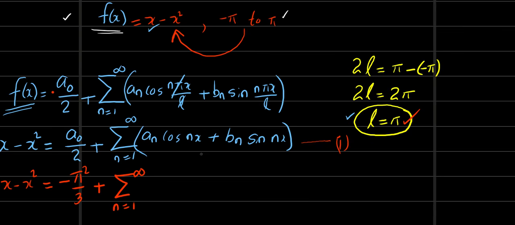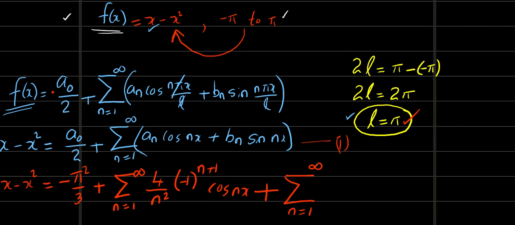So I'll write 4 by n square minus 1 the whole power n plus 1 cos nx plus sigma, I'll use one more summation, n equal to 1 to infinity. I still remember the value of bn, 2 by n minus 1 the whole power n plus 1 sin nx. So that's it. This is our Fourier series. Now we can put n equal to 1, 2, 3 and expand.